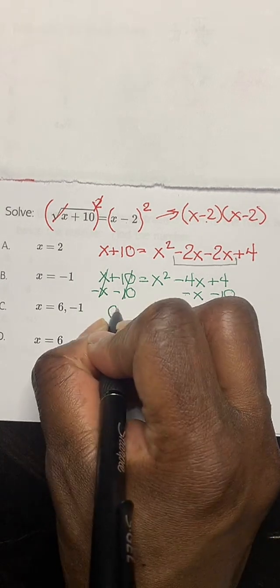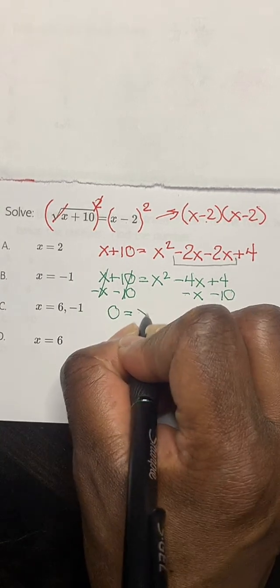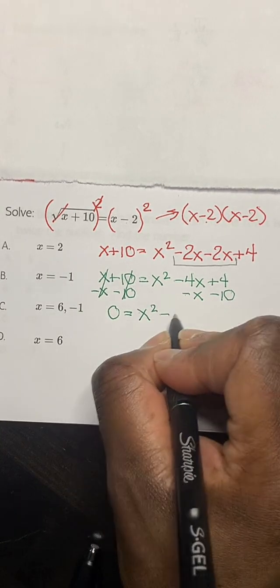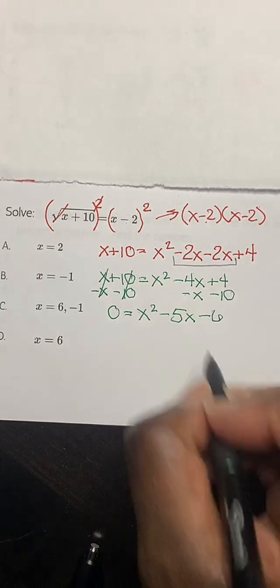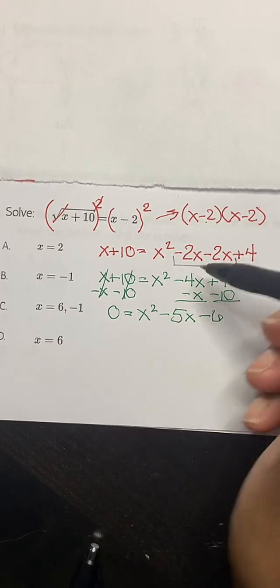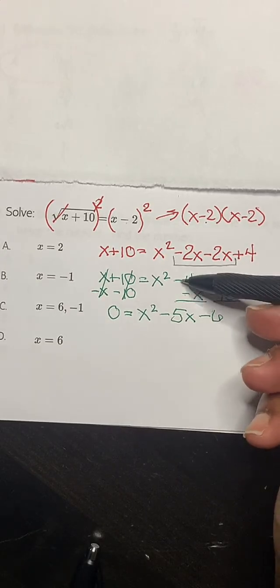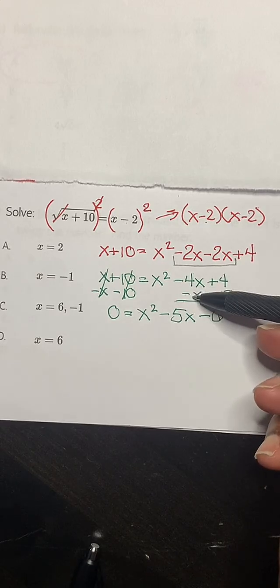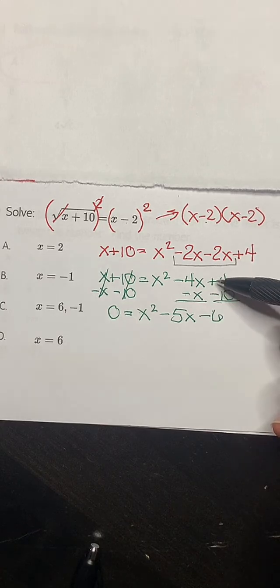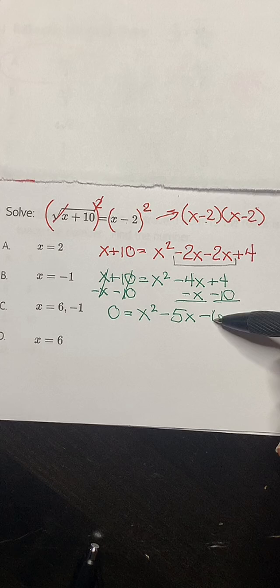So I have my 0 equals my x squared minus 5x minus 6. Because remember, when you're adding and you have the same signs, you keep the sign, add the numbers, and there's a 1 to assume to be there. When you have opposite signs, you're really subtracting, and you're taking the sign of the larger number, which is 10, so it's going to be negative.